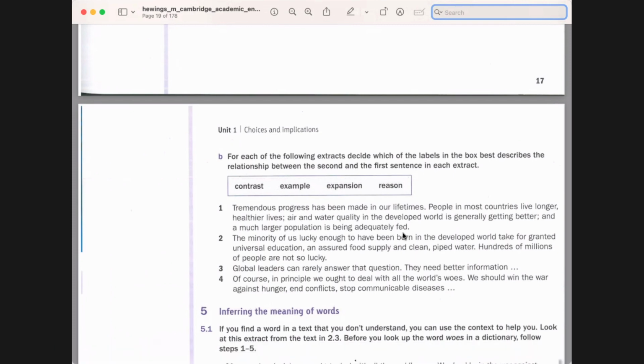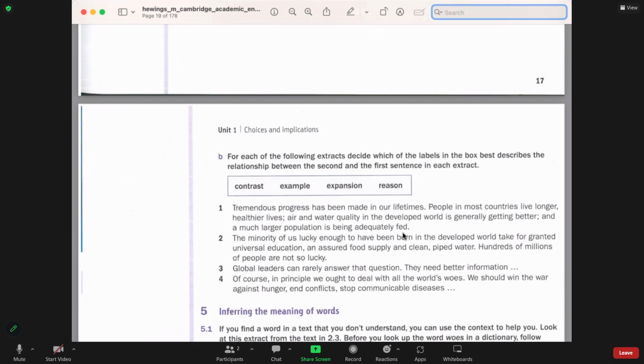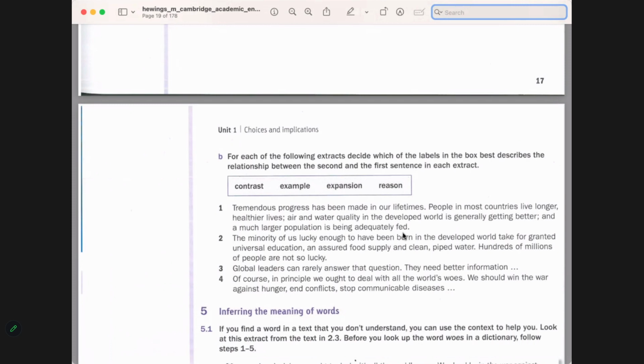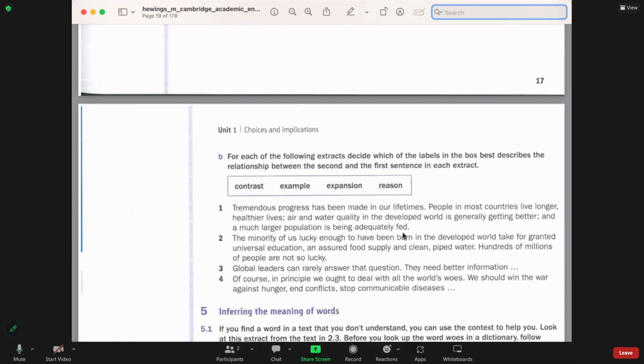Extract number 1. What is it? It's expansion. Because we have last sentence. A much larger population is being adequately fed or not. Adequately fed.